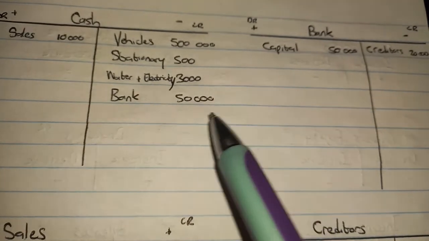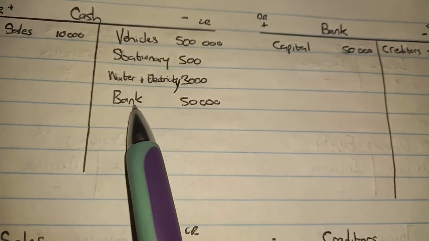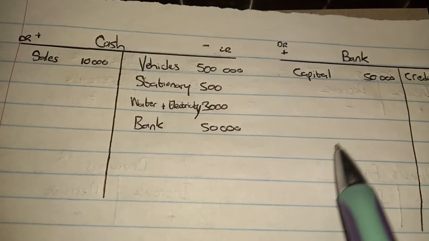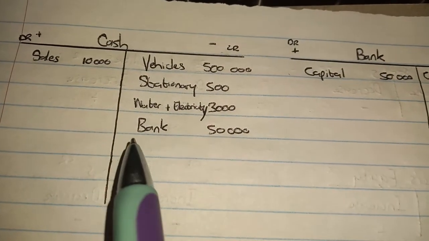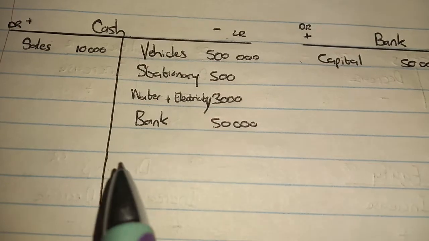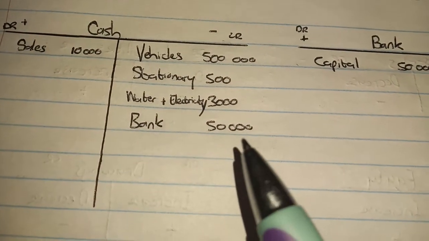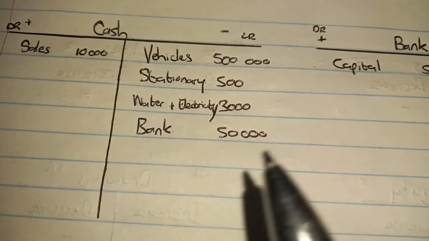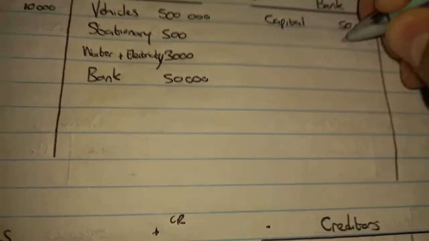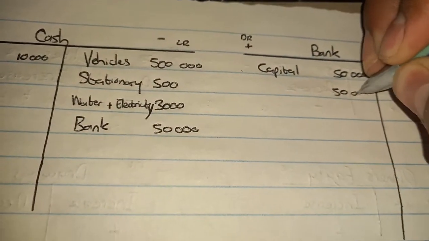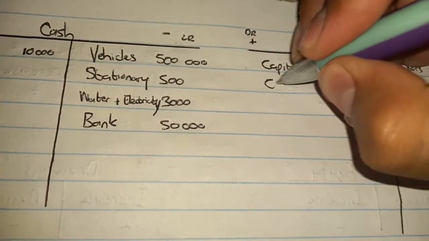All that happens is you place the money that you had on hand into your bank account, or vice versa, where you withdraw money from the bank account so that the business can have cash on hand. So your cash decreases by 50,000 Namibian dollars because you deposited into your bank, and as such, your bank increases by 50,000 Namibian dollars because you deposited cash into it.